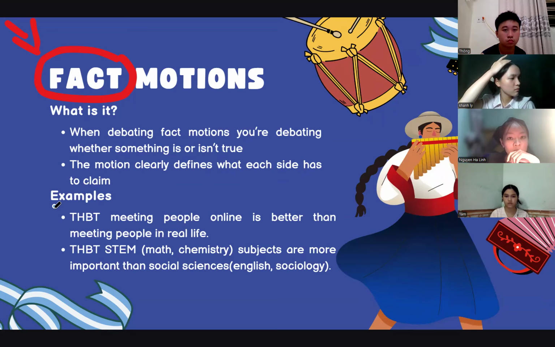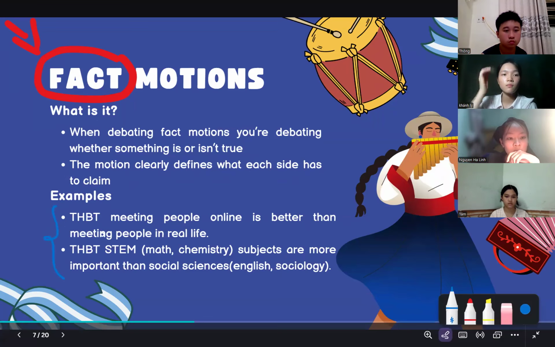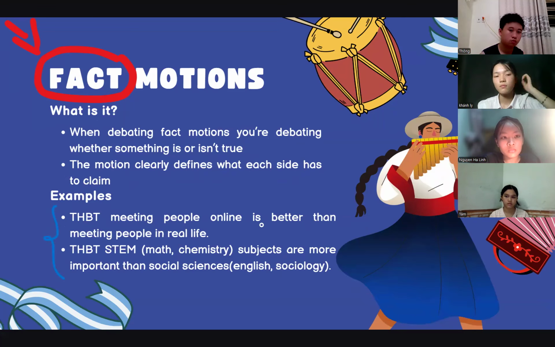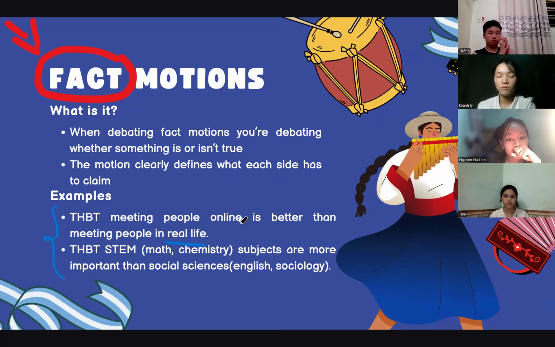So, for example, I have these two motions. First, this house believes that meeting people online is better than meeting people in real life. So you're just saying, is it true that meeting people online is better, or is it not true? So you are debating whether something is true or false.